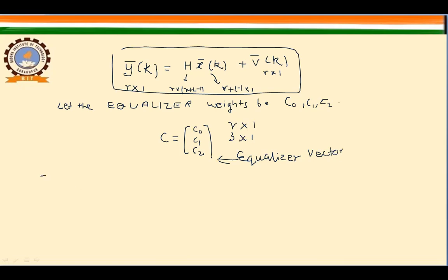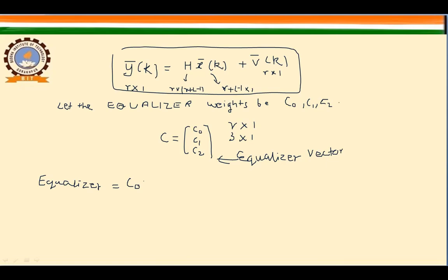Now equalizer output is given by the coefficient of C naught, weighted linear combination of the received symbol y of k plus 2, received symbol at time k plus 2, k plus 1 and k.